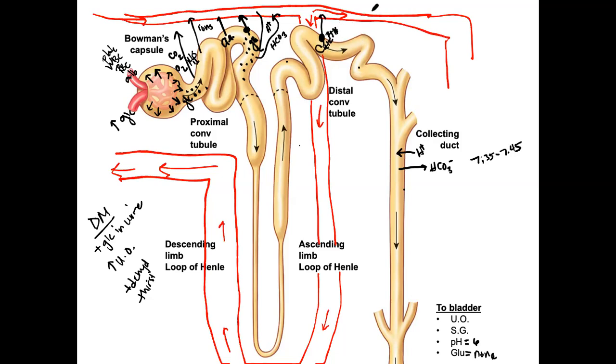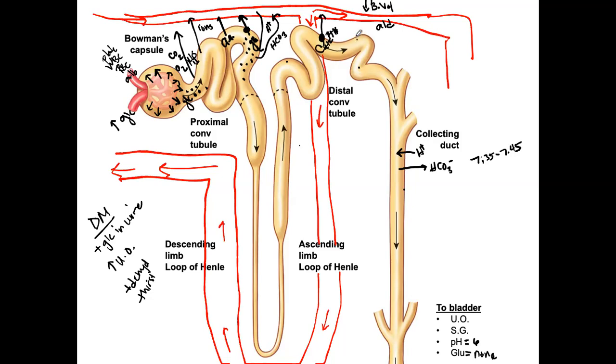What's another hormone? So when you have low blood volume, it is going to cause you to release aldosterone, right? So aldosterone does what?